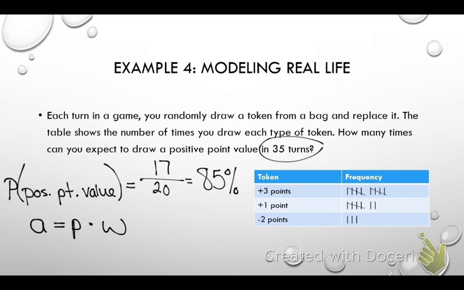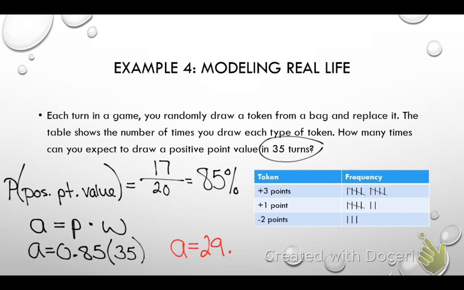So that plugs in for which value? W. And when you're plugging a percentage into the percent equation, what must you do first? Change it to a decimal. 0.85. 0.85 times 35 would give me about how many tries would be expected to be positive.